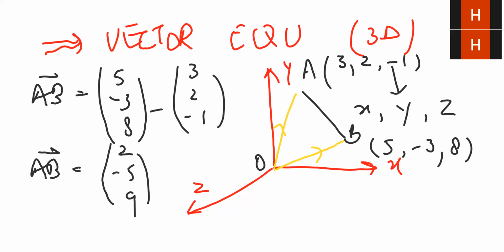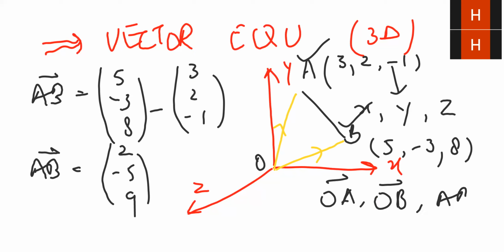Now coming towards our vector equation, it's going to be the same as before. We have two position vectors, which are OA and OB, and we have one direction vector, which is AB, which we just found out. So we said that the general vector equation is r equals OA or OB plus lambda times the direction vector, which is AB.